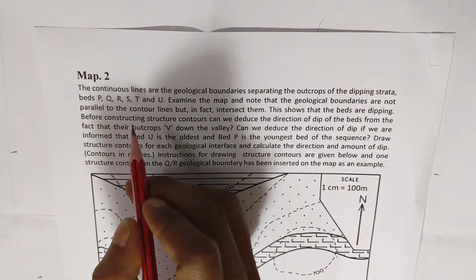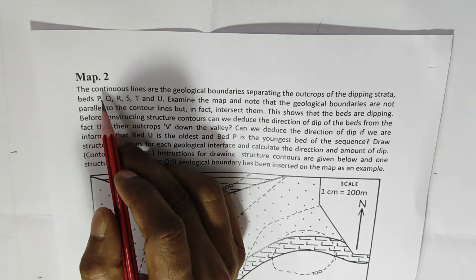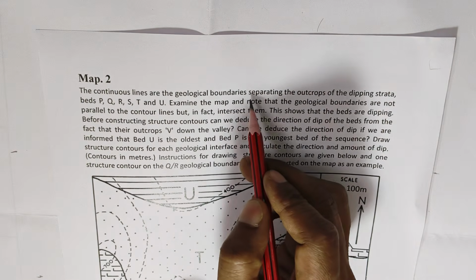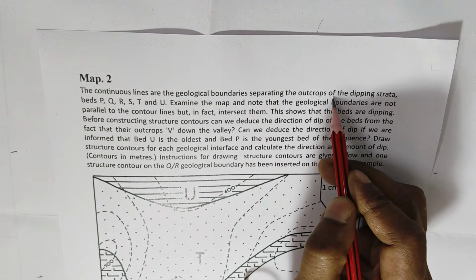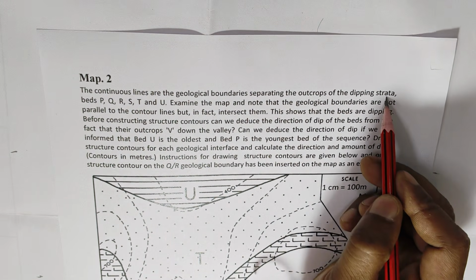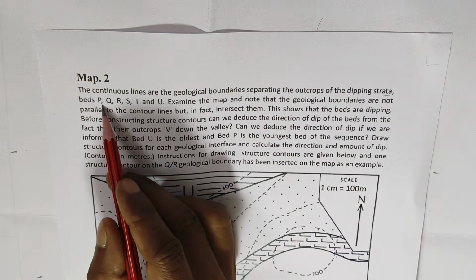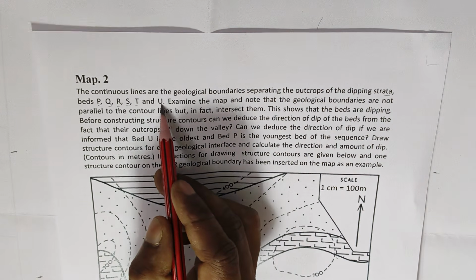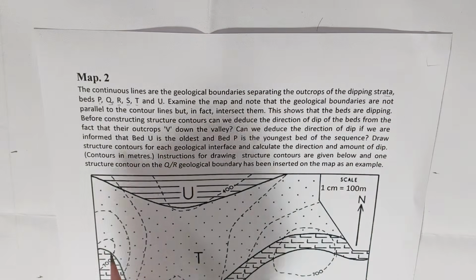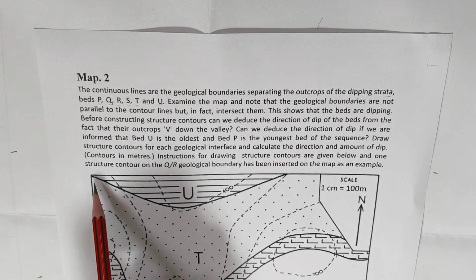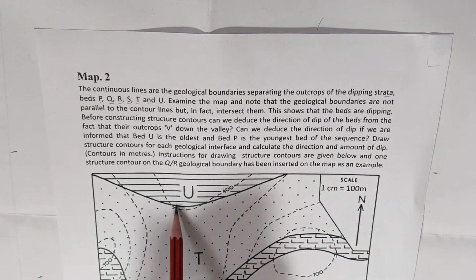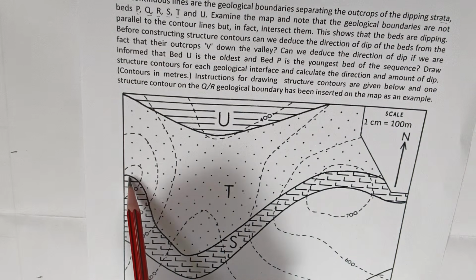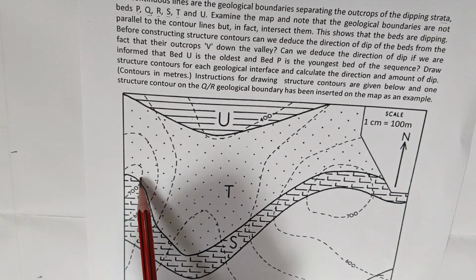Here it is mentioned that the continuous lines are the geological boundaries separating the outcrops of the bedding strata. The beds are P, Q, R, S, T and U. So these are our continuous lines. You can see here this is one continuous line. Another continuous line is this one.